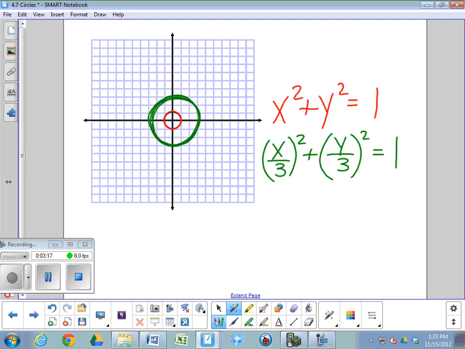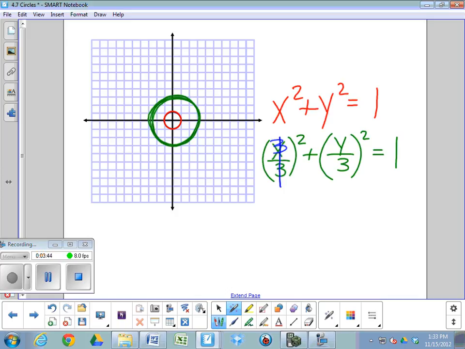Now, if the circle is larger, what's this point? It's not 1, 0 anymore. What is it? 3, 0. Is 3, 0 going to produce 1? What's 3/3? What's 1 squared?